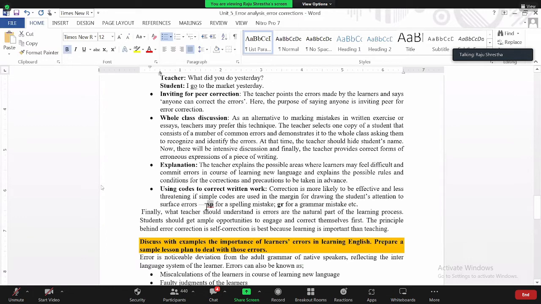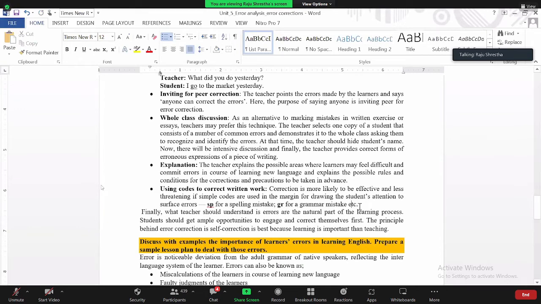Okay, so yes, for a spelling problem this is the code. Then GR for a grammar problem, this kind of code we provide. Then students have to understand, oh, there is a spelling problem, there is a grammar problem, an article problem, a preposition problem. Then they realize. So this kind of code we can provide to the students while checking their written work.